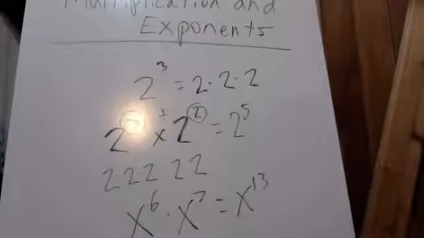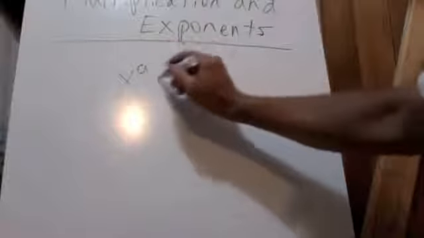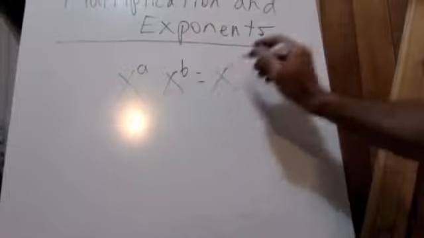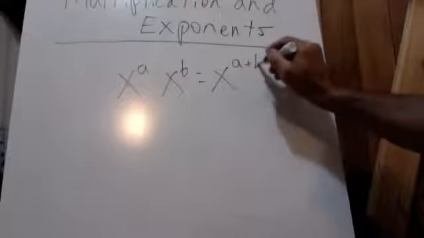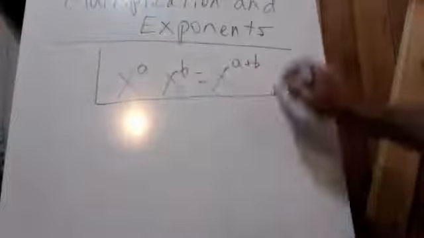Hope that makes sense. Now, let me give you the general rule for that one first. So if we have x to the a times x to the b, then it's x to the a plus b. That's the general rule.